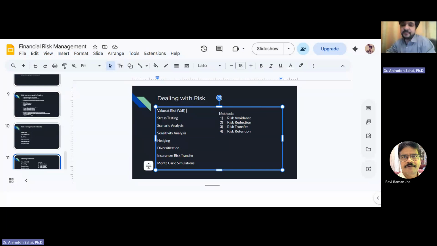One measure would be value at risk. This we've discussed in one of our earlier classes. Value at risk assigns a probability that given a certain degree of confidence, we are saying, given a 95% confidence or 99% degree of confidence, we are saying that the losses will not exceed a certain amount.